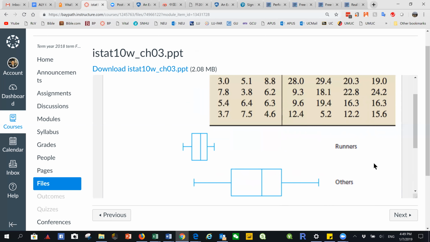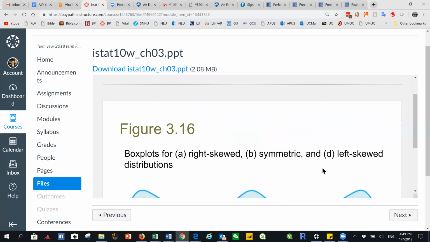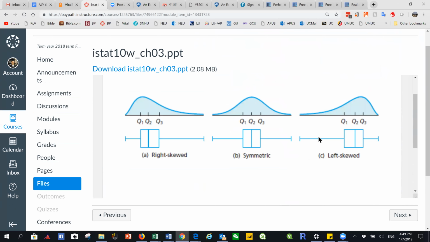Maximum on the right-hand side, the upper side, minimum on the left-hand side. Okay, so when you have those, as you can see, Q1 corresponds to the lower end of the box, Q2 is the median, and Q3 is the 75th percentile, and so on and so forth.